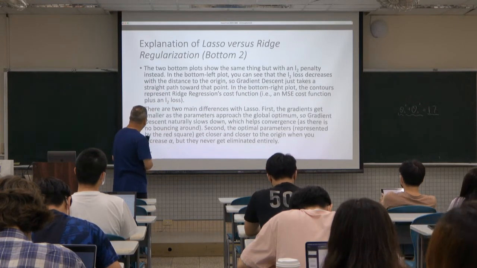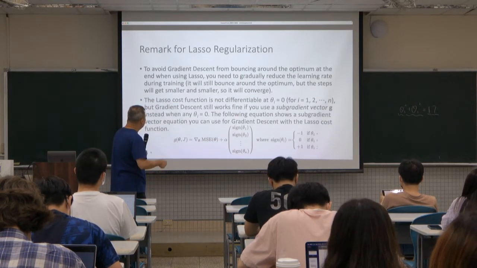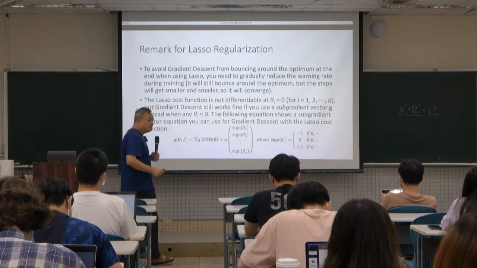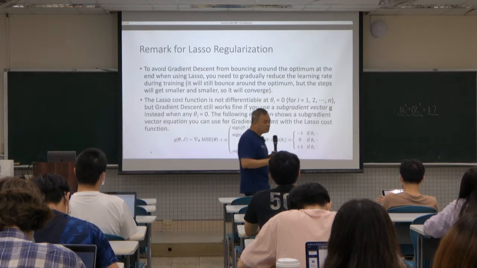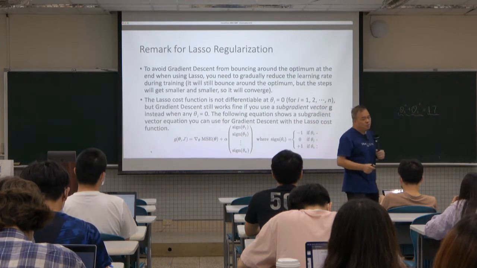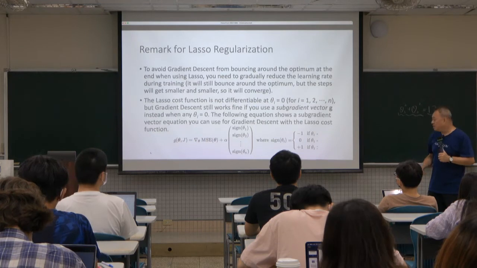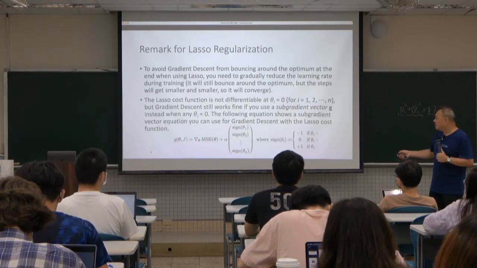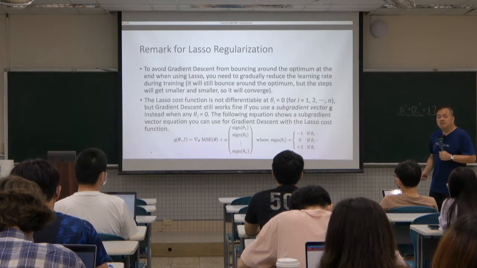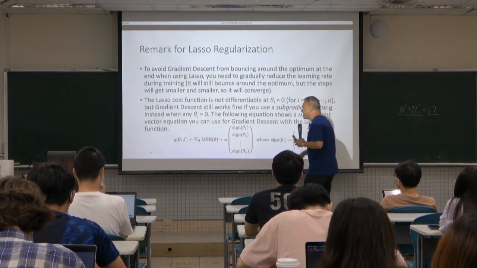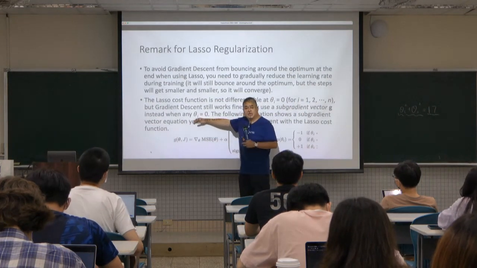Well, I already explained this. For lasso regularization, because you use the sum of absolute values, you add this penalty term to the cost function, and obviously this penalty term is non-differentiable when any of those theta i becomes 0, right?